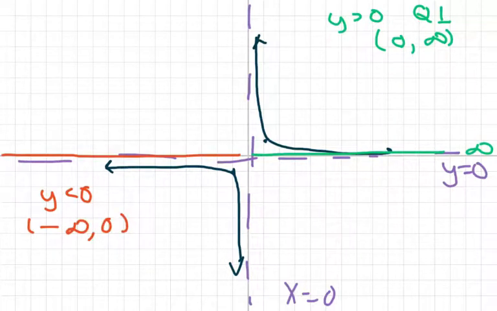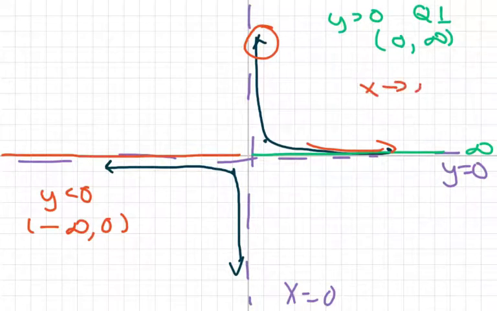Now, if we want to talk about end behavior, sometimes I like to do this opposite. So what I'm going to ask is, when x goes to infinity, so as x gets bigger and bigger, what's happening to my y? It's going down, and it's actually approaching 0.